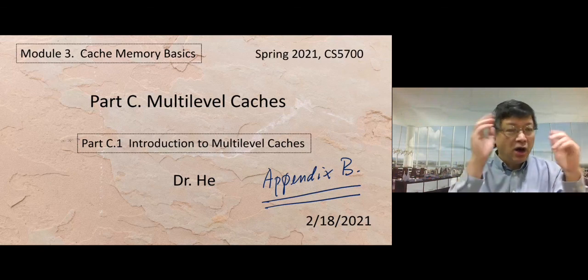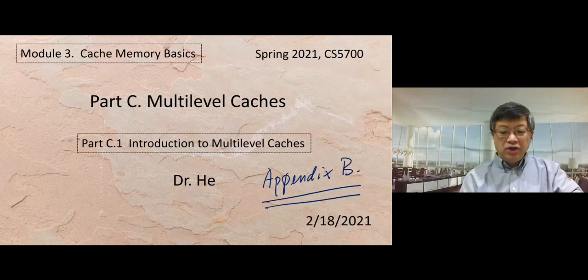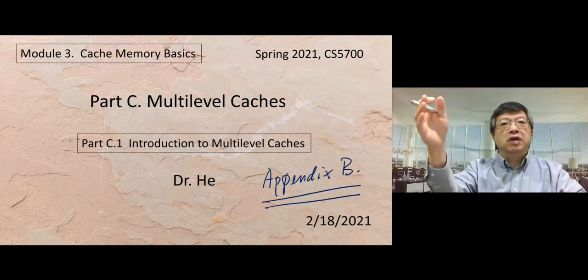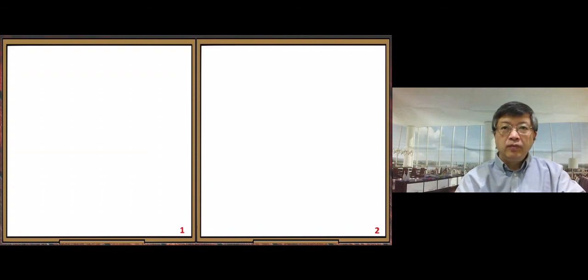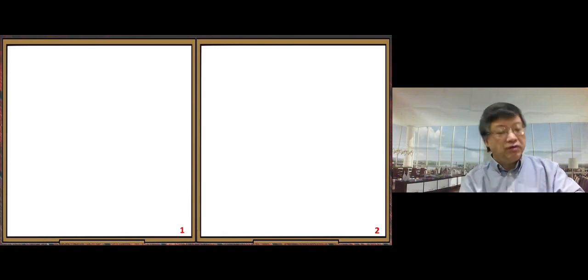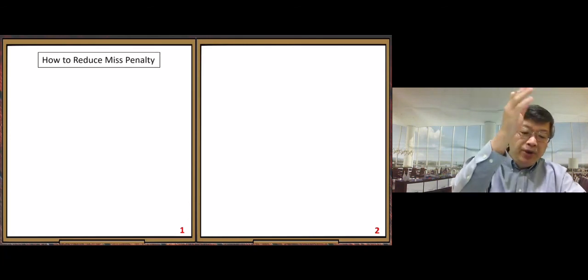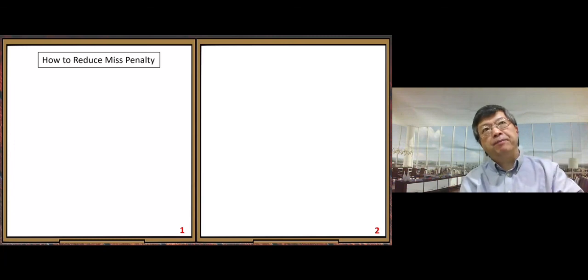All right, so let's start Part C first. C.1, Introduction to Multilevel Caches. First, let's look at the current problem we want to solve. There is some problem not quite good for the current situation, that is how to reduce miss penalty.